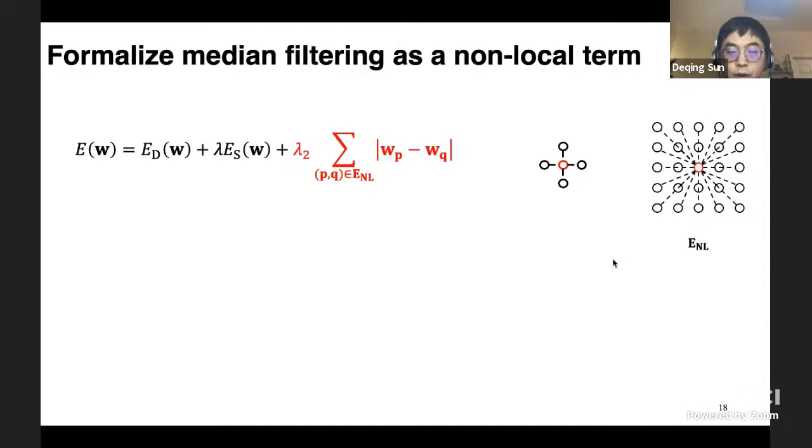The benefit of formalizing this median filtering is we can examine our assumptions. For example, if we look at the non-local term, there is actually some problem. The problem is it treats all the neighbors equally. But what's wrong?